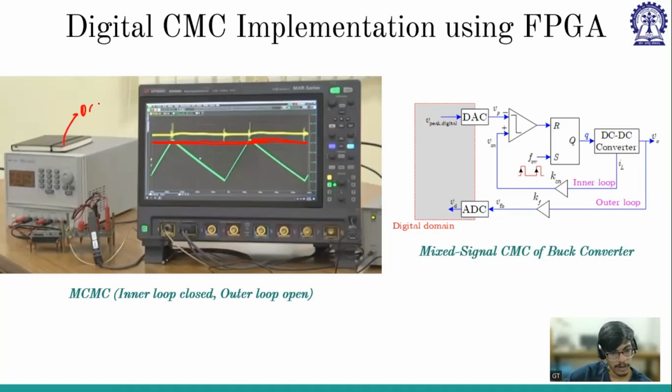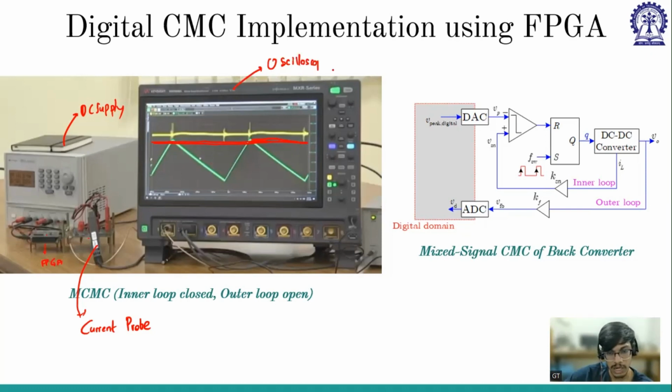So this is the DC supply, and this is the probe that I was talking about, which is the current probe. And this is the circuit. The top one is the signal conditioning board, and the bottom one is the FPGA. And this is the power stage, and as you know, this is the oscilloscope.